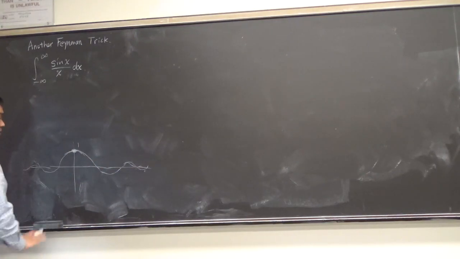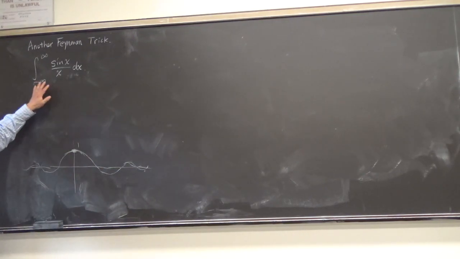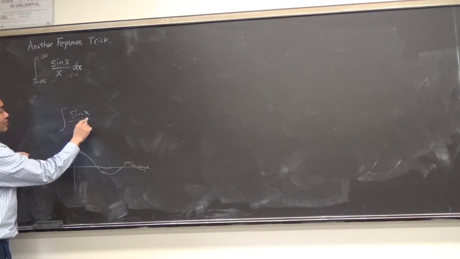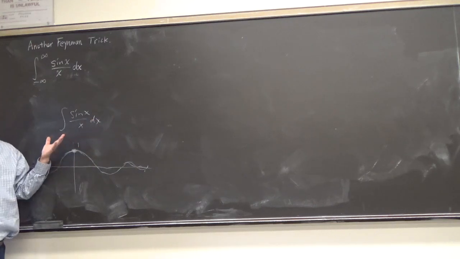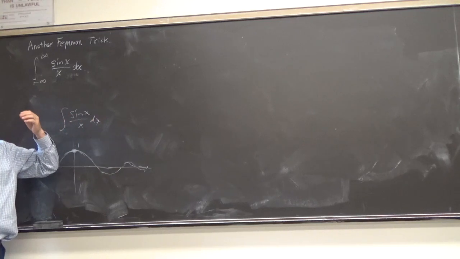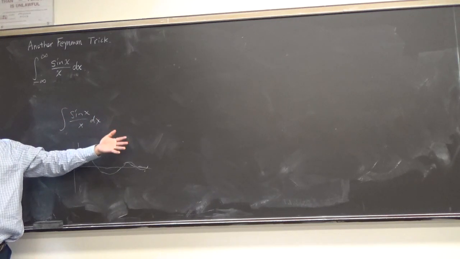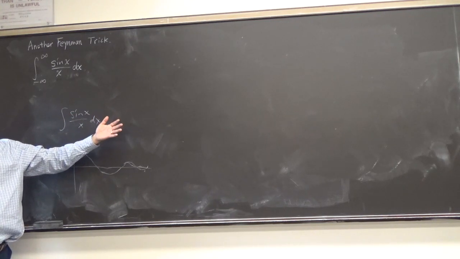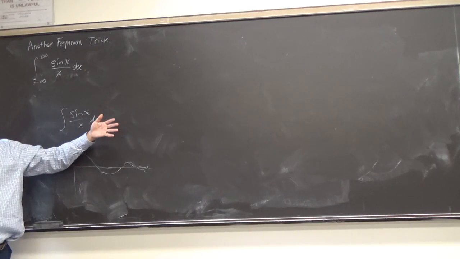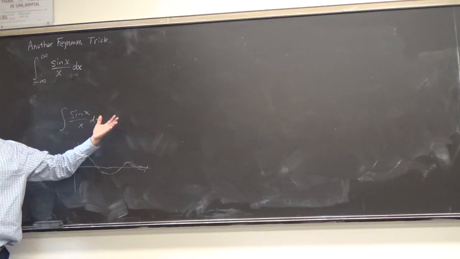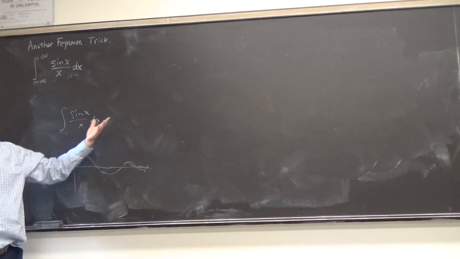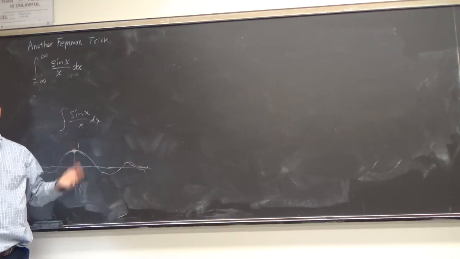But in either case, the actual antiderivative of sine x over x cannot be expressed in terms of basic elementary functions. You can't take all the functions you know, like log, exponents, sines, cosines, sine hyperbolics, and add, subtract, multiply, or divide them, no matter what operation you do, you cannot express this in closed form. It simply doesn't exist.